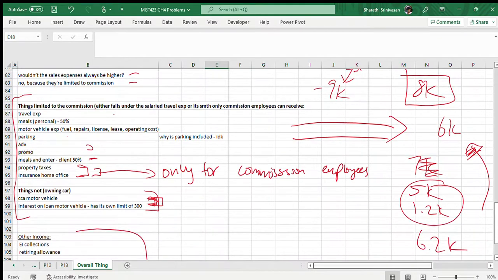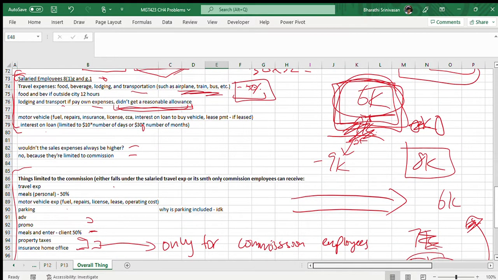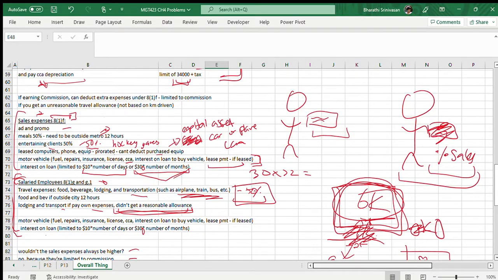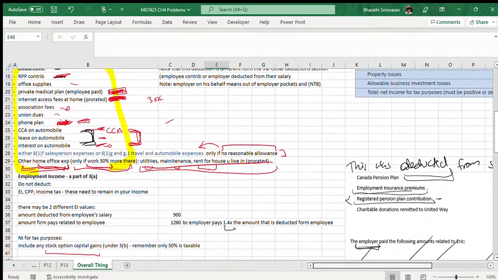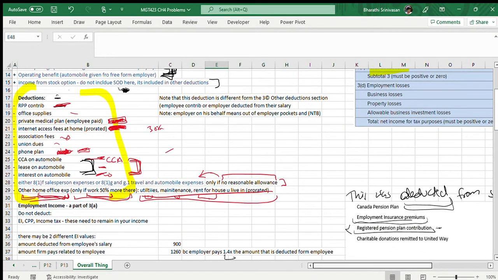Okay, actually, the things that are limited to the commission are also just things that you have to include over here as part of sales expenses, right? Or motor vehicle expense. Do you get those either way? Whoop, whoop. So these three over here, whether you include this or not depends on whether you're deducting as a salesperson or under travel and automobile, I think. Okay, I'm actually kind of confused now.